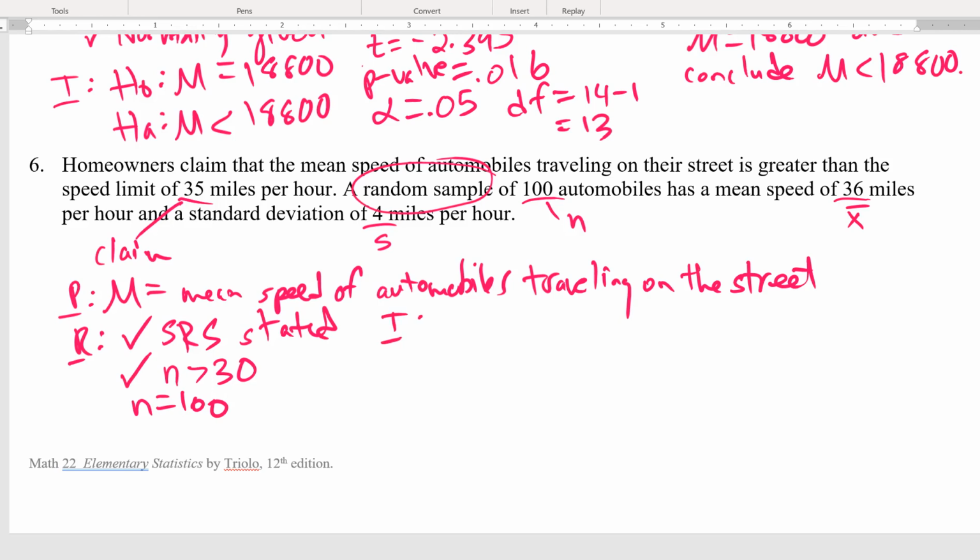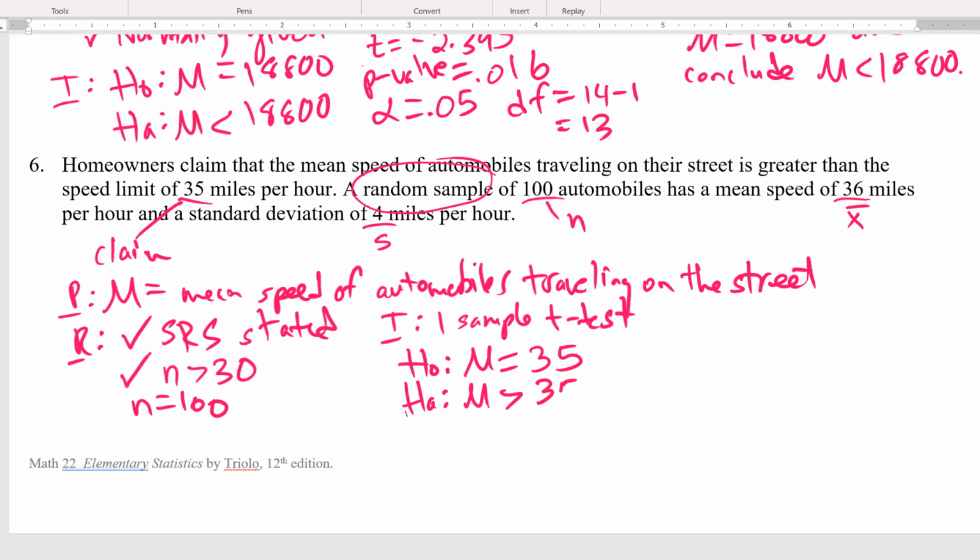We run a 1 sample t test. Our hypotheses: mu is equal to some claim. What was the claim? What are we trying to prove? People are speeding. They're going faster than 35.